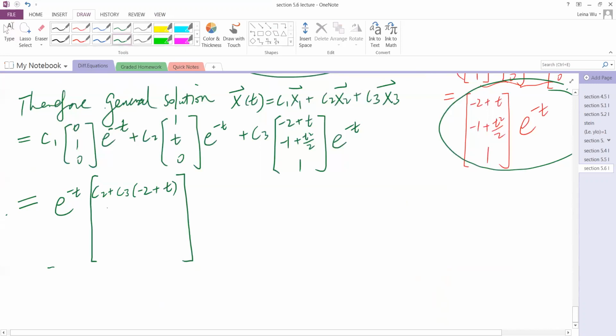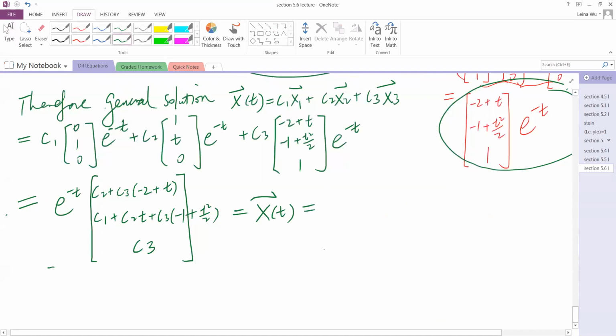Second entry will be c1 plus c2 t plus c3 times negative 1 plus t squared over 2. And last entry will just be 0 plus 0 plus c3. Okay, so this is your unknown vector x of t.